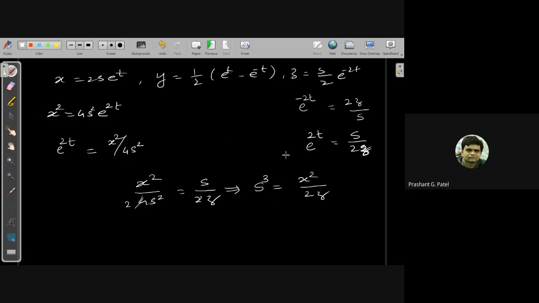And if you substitute this value of s here, you will have x cube is equal to 8 s cube e^(3t).